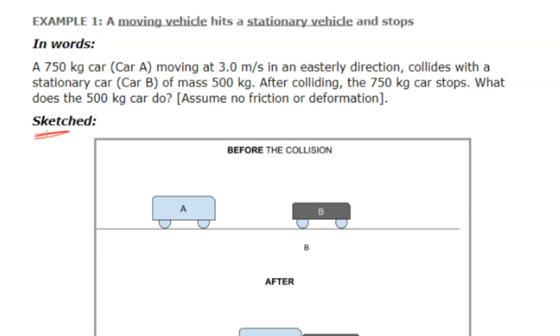We've got our first example: a moving vehicle hits a stationary vehicle. It's not an immovable stationary vehicle, it can move, but the moving vehicle hits a stationary vehicle and it stops. So we need to look at what happens to the stationary vehicle. It's likely that it will be accelerated.